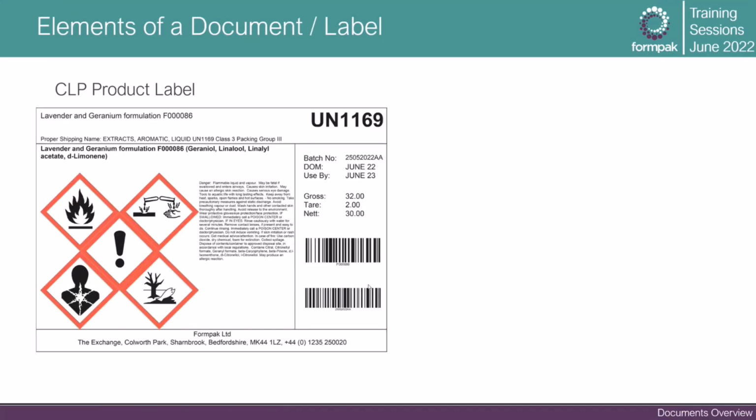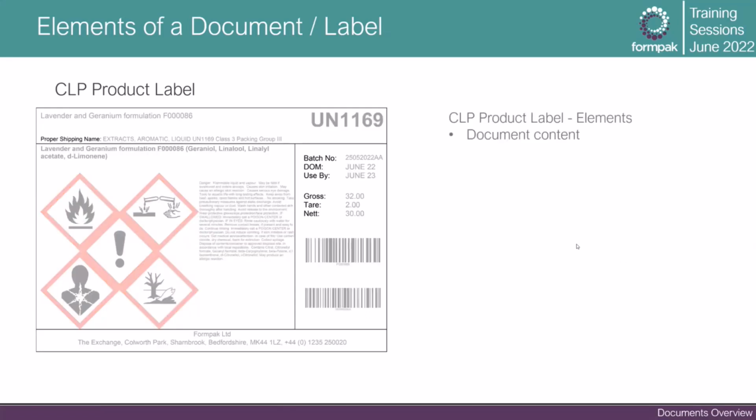For this example, we're going to look at the CLP product label. So we've got the CLP product label here. The majority of you will be familiar with this, even if it's not the CLP version. We've got OSHA and GHS versions of this as well. So we're going to have a look at the different elements on the label and explain where each is, how it's being generated, and the different options that go with that.